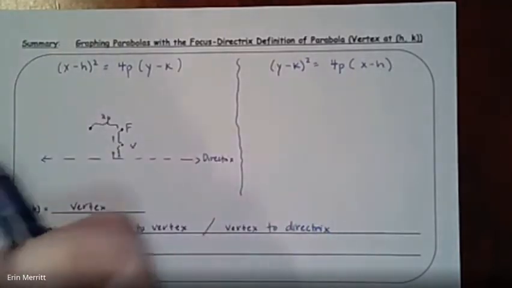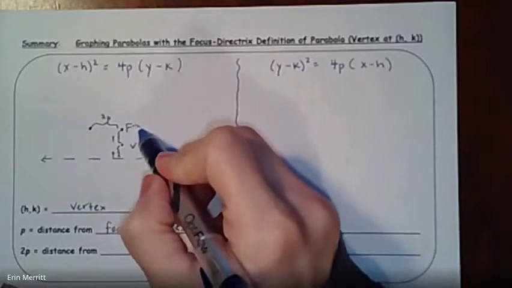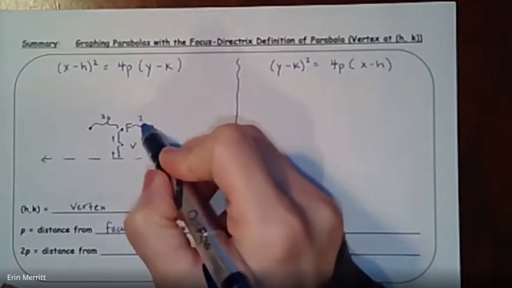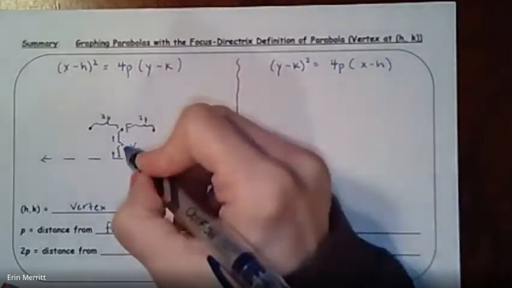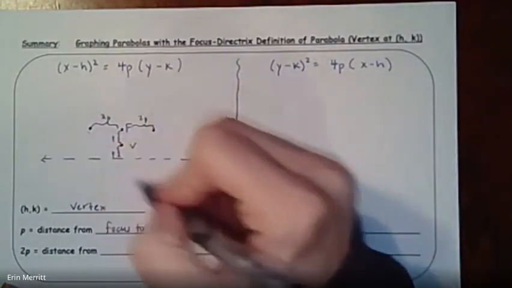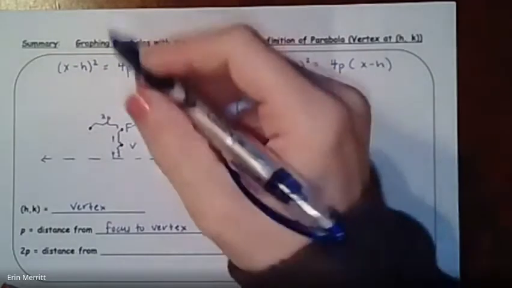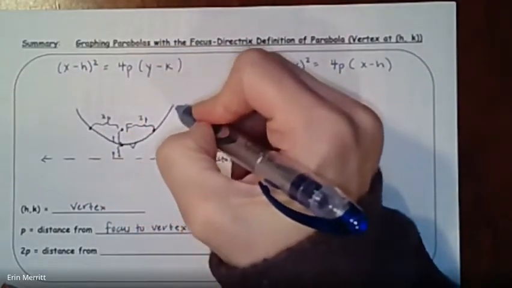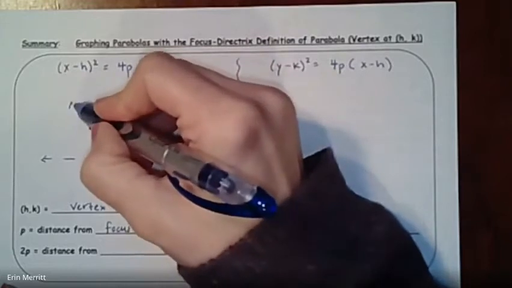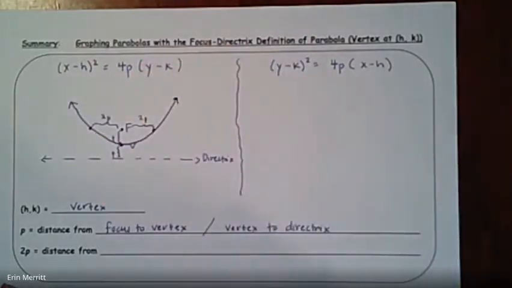And then you're going to go to the right a distance of about 2p and plot another point. So the parabola is going to be made up of the vertex and those 2 points. And I want you to connect those dots. So that's going to be approximately what your parabola looks like.